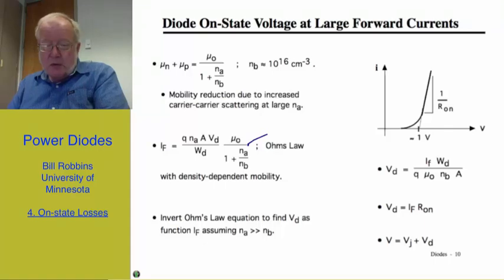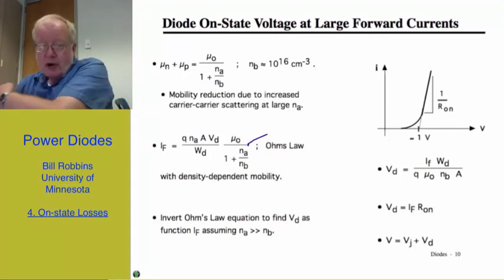The reason for the mobility reduction is increased carrier-carrier scattering. That is, at 10 to the 16th and higher, the electrons begin to scatter off of each other because of Coulomb repulsion, and this is the reason for the drop in the mobilities.